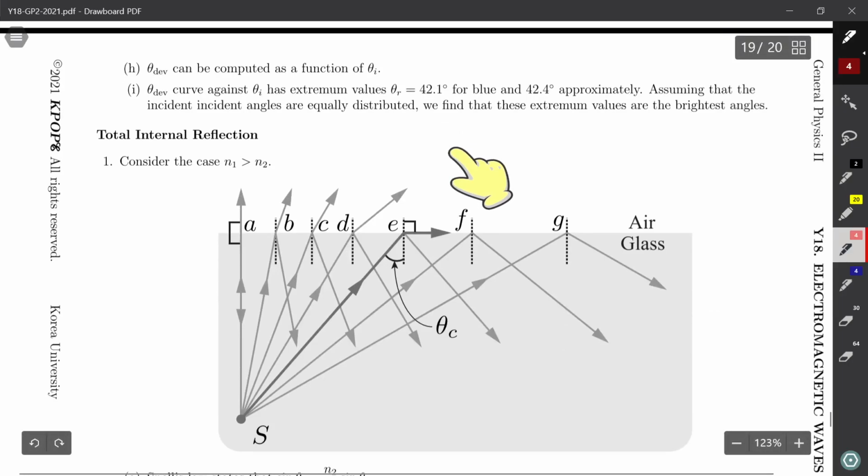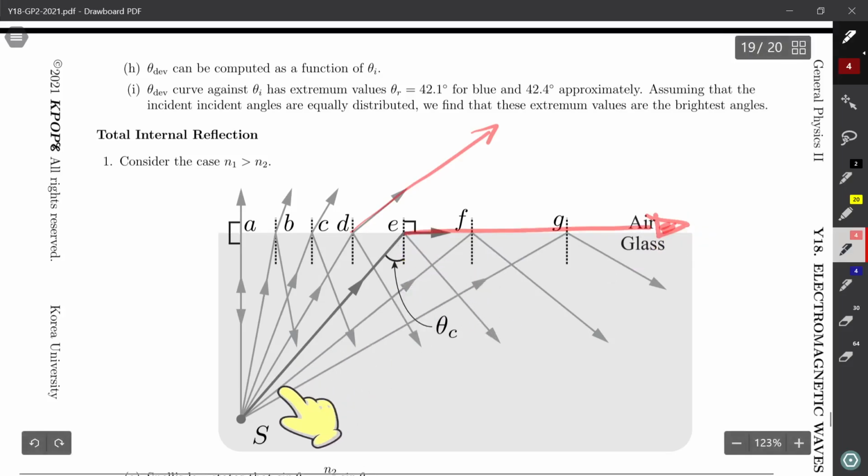When the light travels from a more dense material to a sparser material, a special event appears because of the deflection. If you increase the angle of incidence, at some point the refracted light travels parallel to the interface.